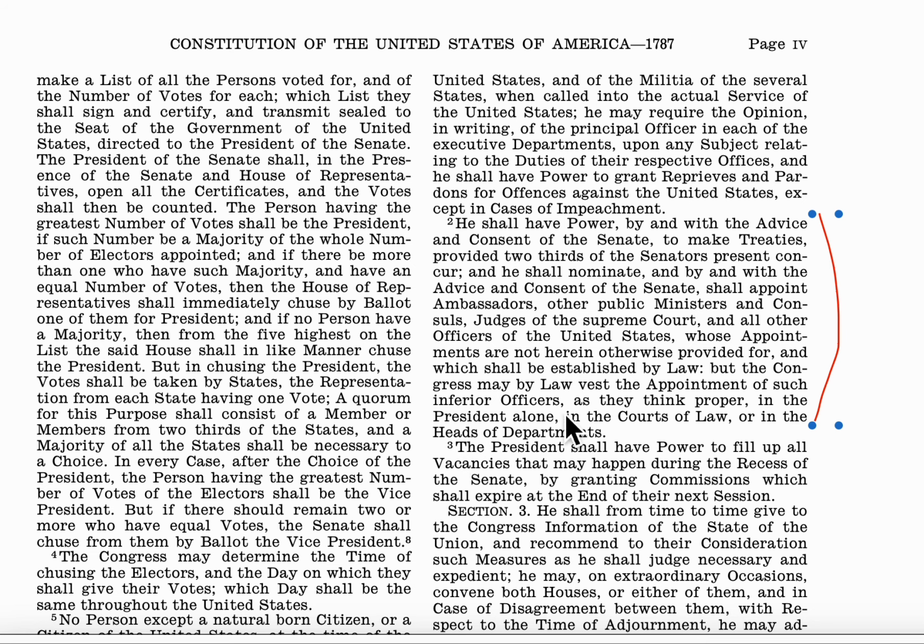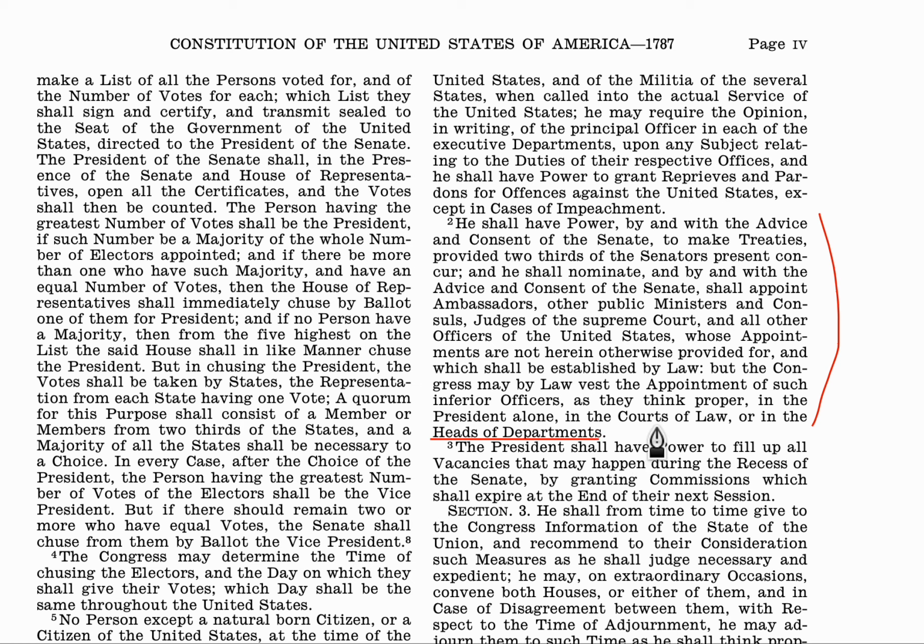And they're inferior officers as they think proper in the president alone, in the courts, or the department heads. So department heads originally, I think, would have been the military departments. I've never seen a judge, minister, consul, or ambassador be the head of a department. So I have seen department heads as military officers.